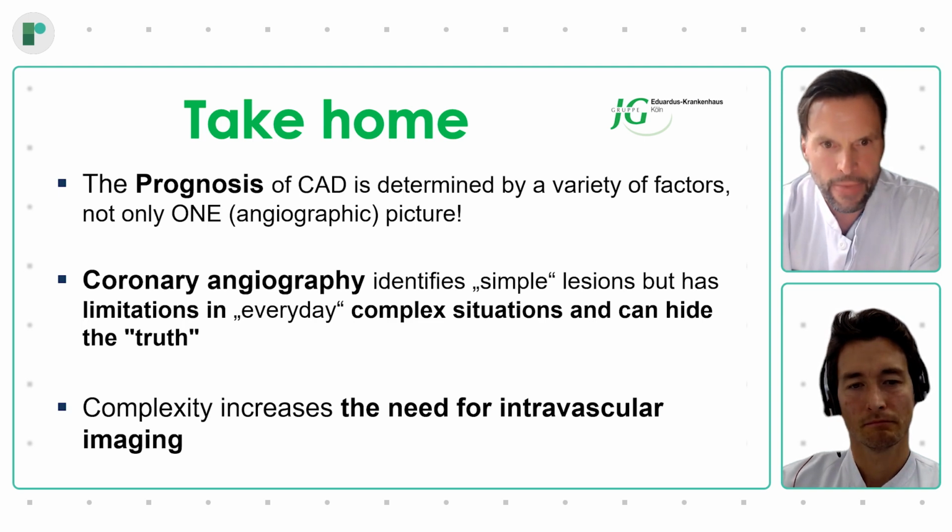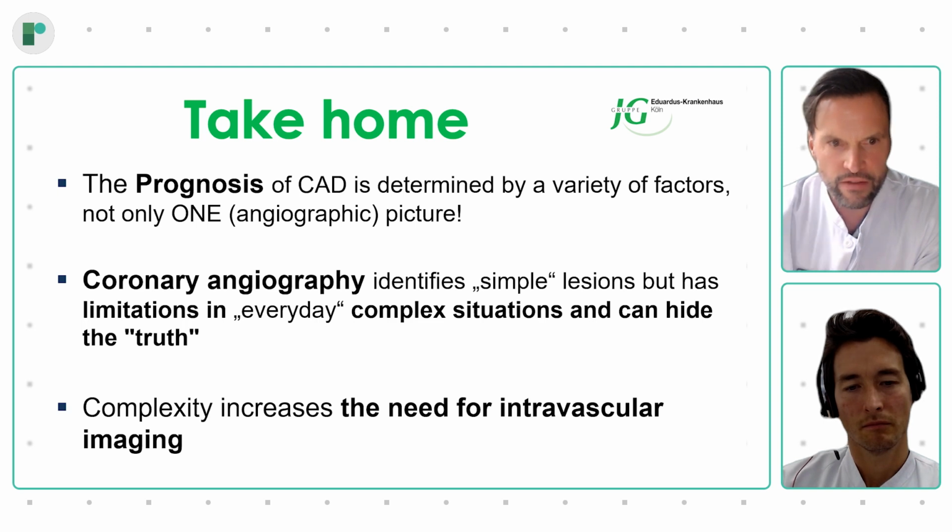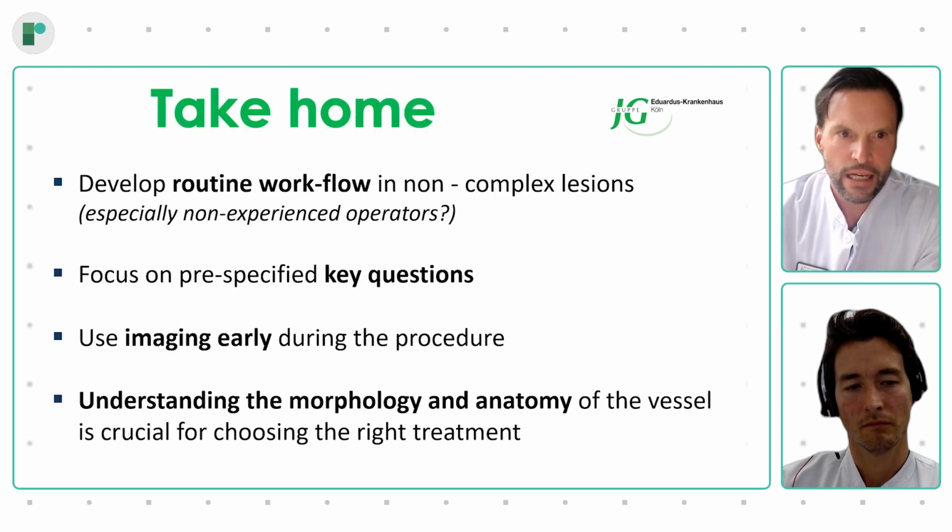Coronary angiography maybe identifies simple lesions, but I would say it can help to identify very tight lesions that are in need of treatment, but it has, at least in complex situations, a significant limitation, and it can hide the truth. And if complexity increases, there's a relevant need for intravascular imaging.